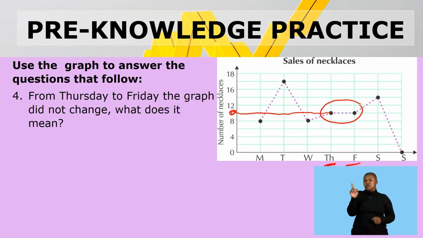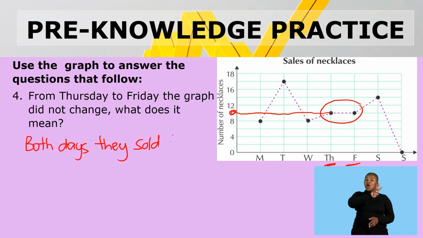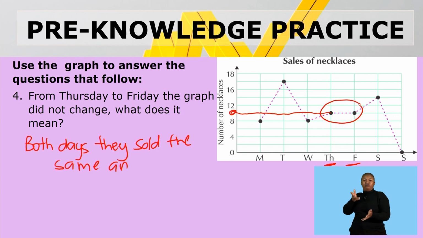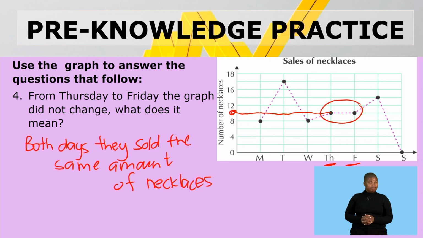So that means on both days they sold the same amount of necklaces. Remember, a flat line like that shows us that one of the variables remains constant.